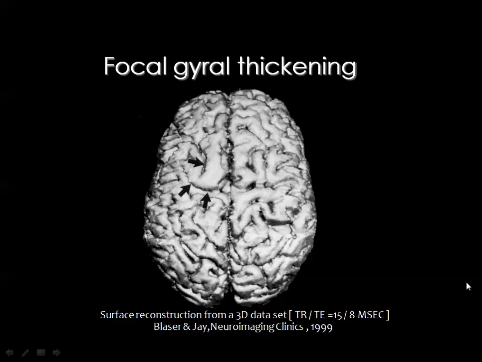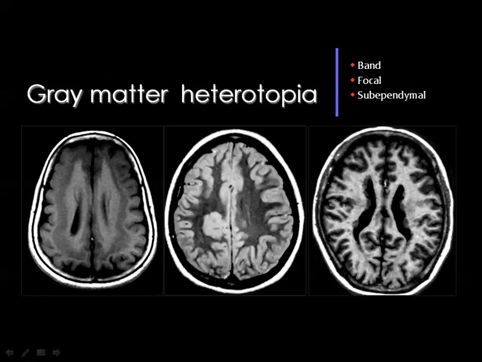And sometimes you can see surface reconstructed images to look carefully for the gyri, which are markedly thickened and broadened. Then we have actually three types of gray matter heterotopia. The ectopic location of the gray matter may be identified at one of three sites.